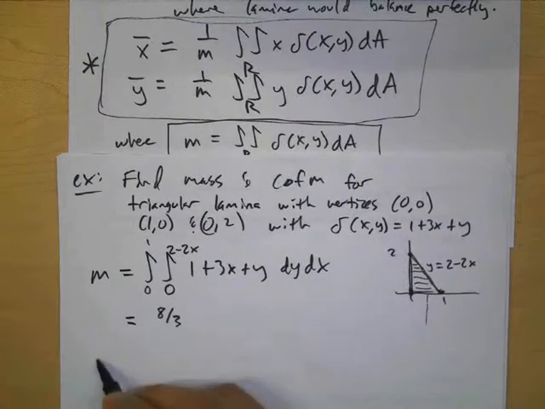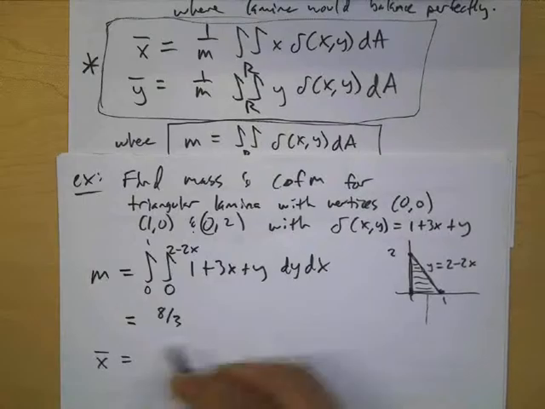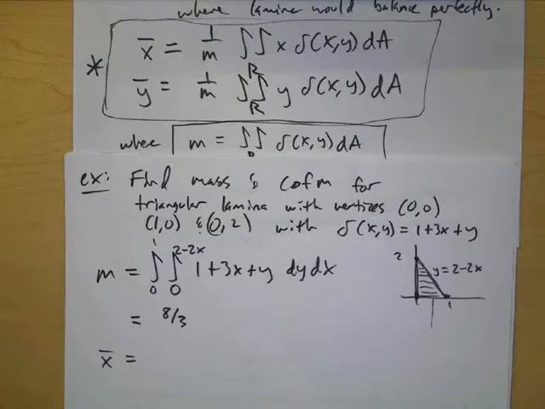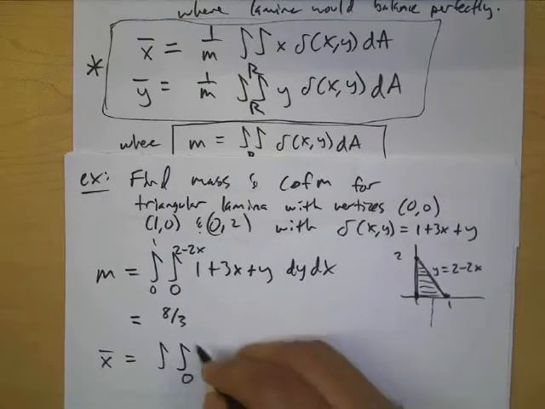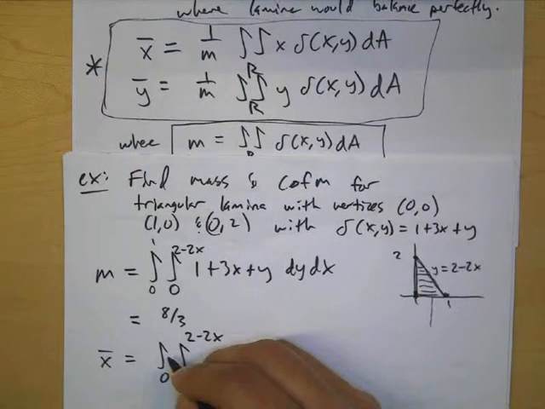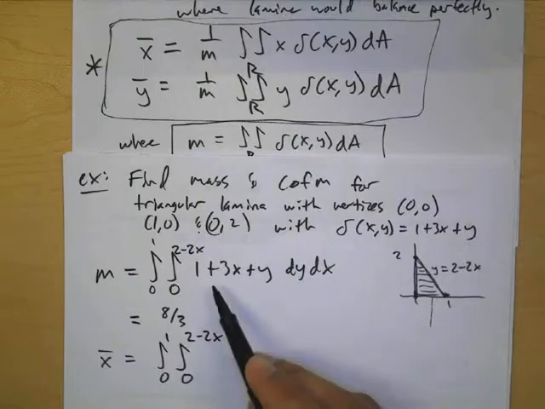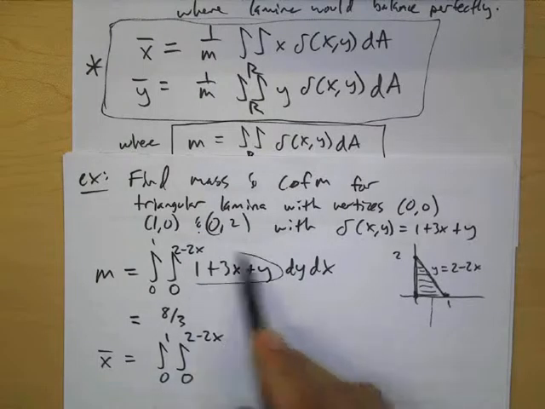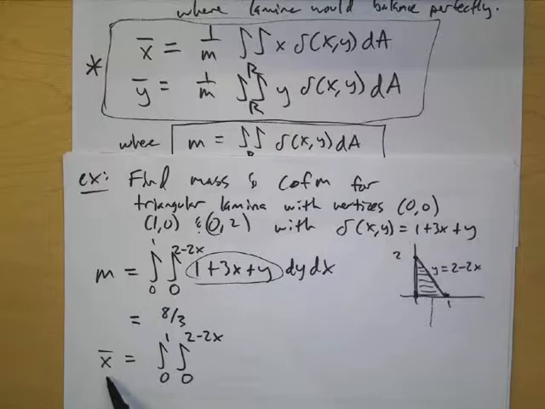Once you have the mass, now you can find x bar, and we'll just worry about the setup here. Still going to be the same region, 0 to 2 minus 2x, 0 to 1. The only difference is that our density function, when we're finding x bar, needs what in it?